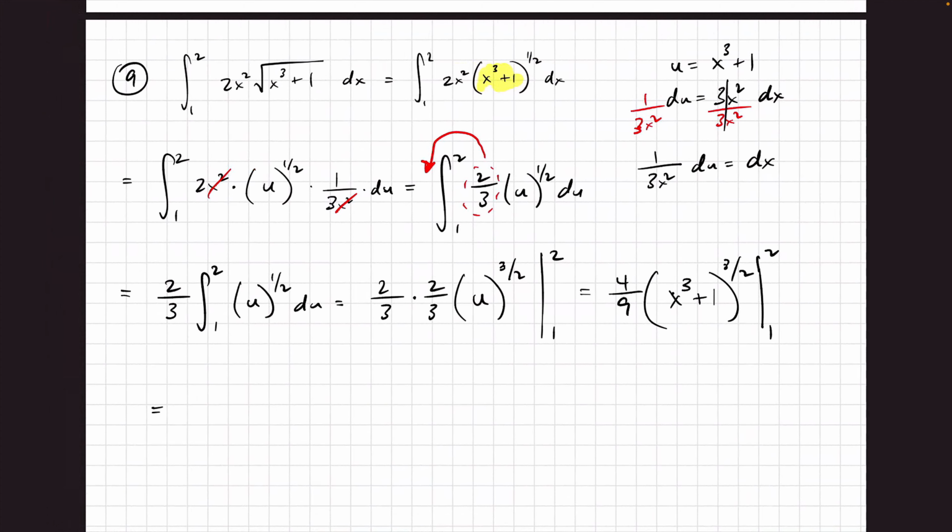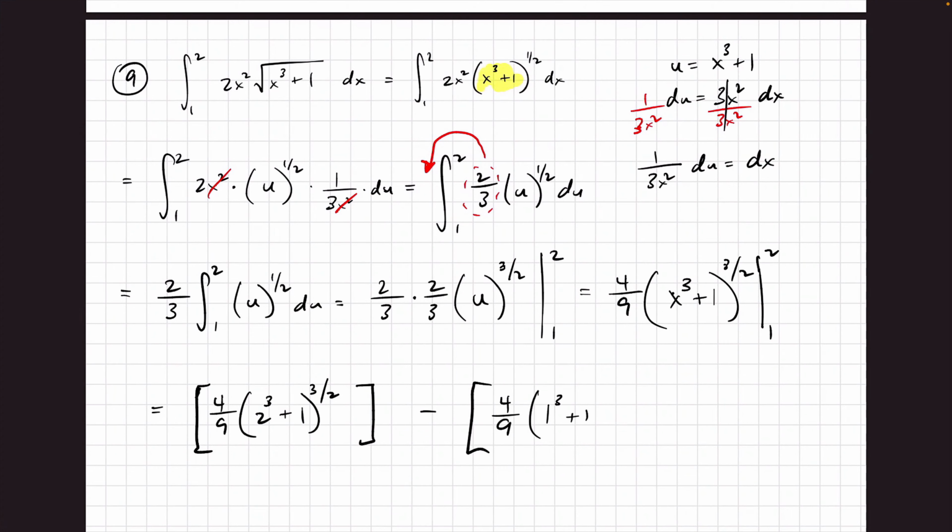So I get, first one, 4/9 times 2 cubed plus 1 to the 3 over 2 power, minus 4/9 times 1 cubed plus 1 to the 3 over 2 power.